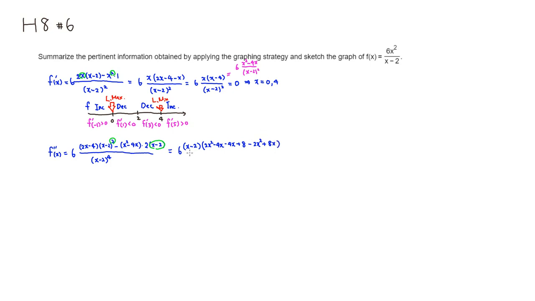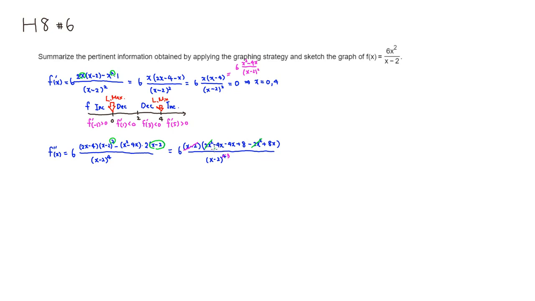All right, then all over x minus 2 to the 4th power. All right, so we can cancel one of the x minus 2, so I have to change that to 3. And then we have 2x squared, and then minus 2x squared.